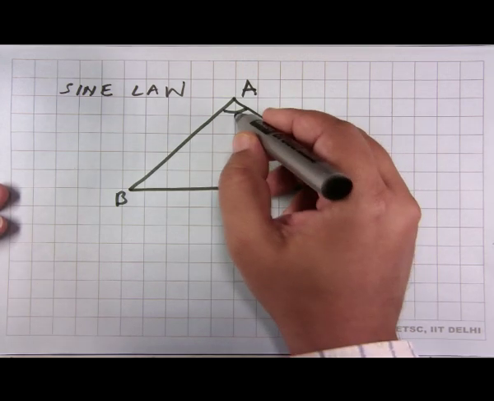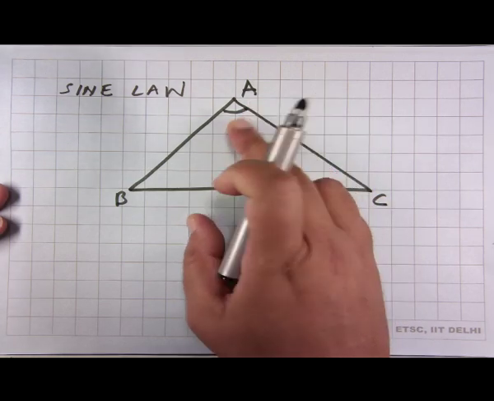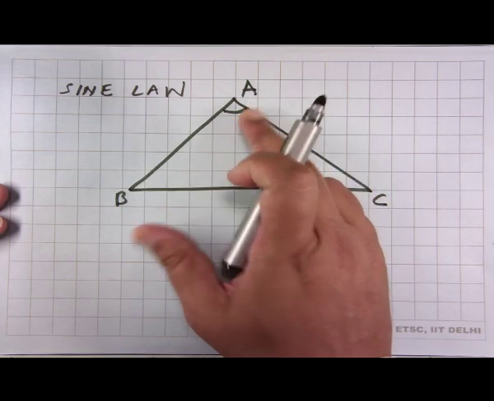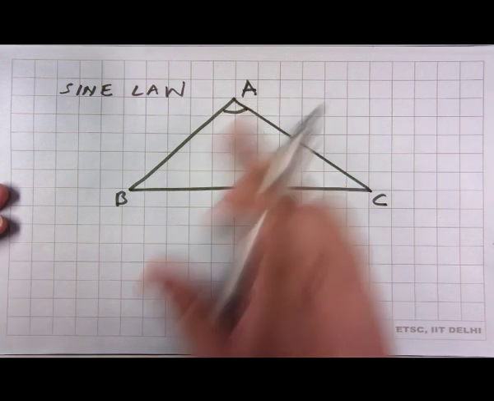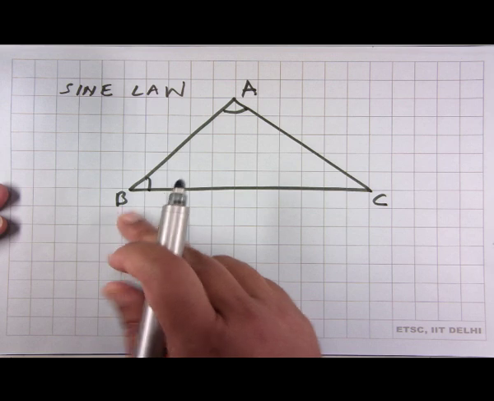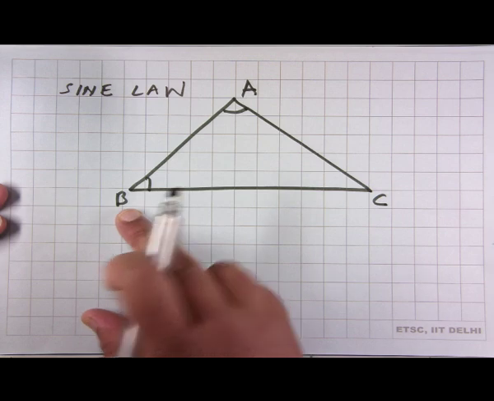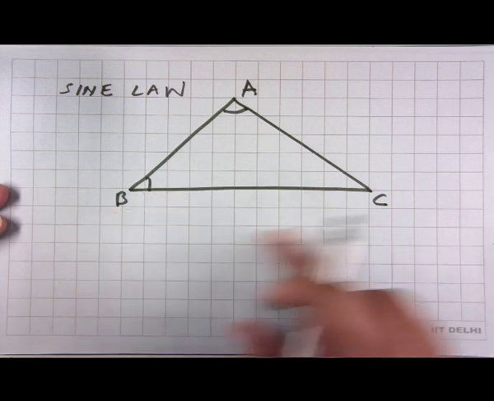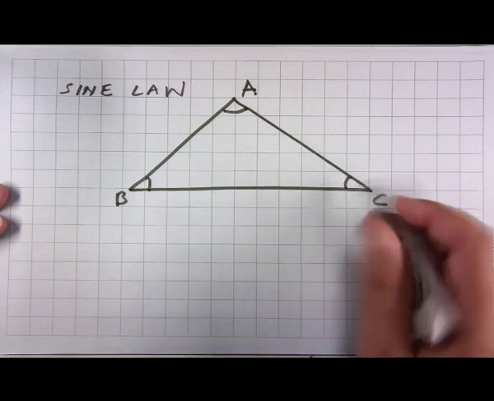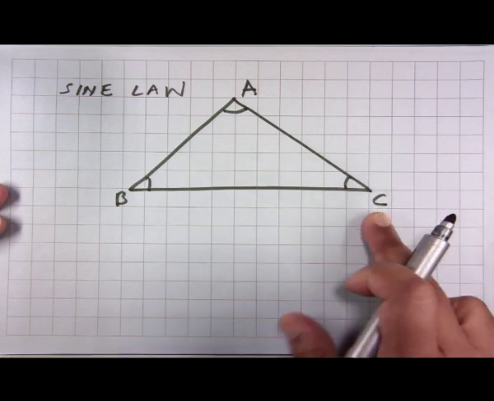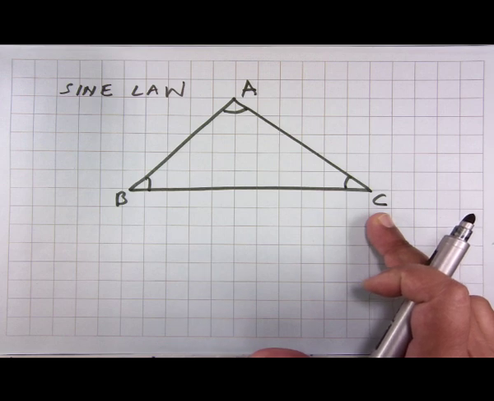The angle at the vertex A will be denoted by uppercase A, the angle at vertex B by uppercase B, and similarly the angle at vertex C by uppercase C.